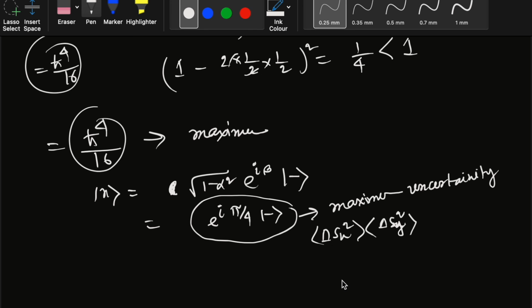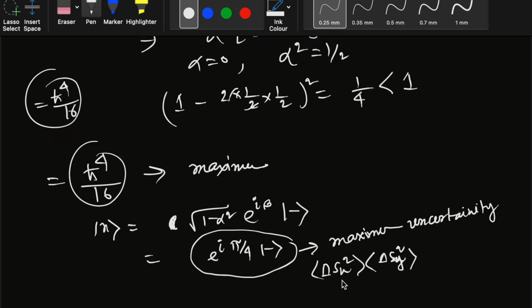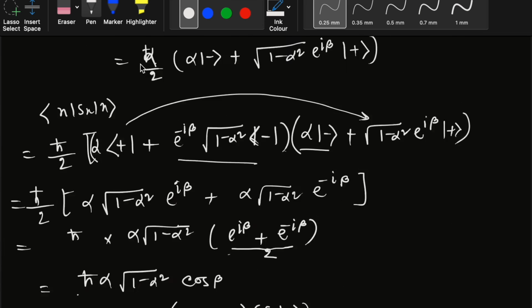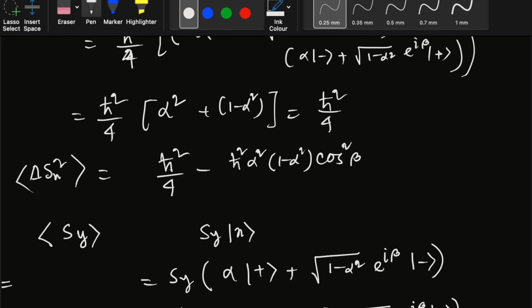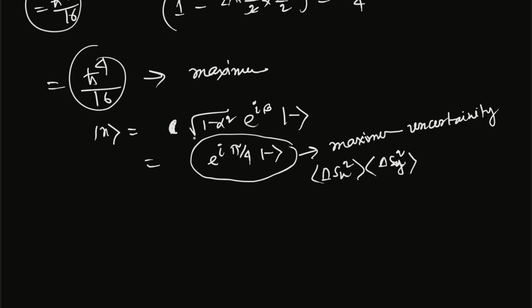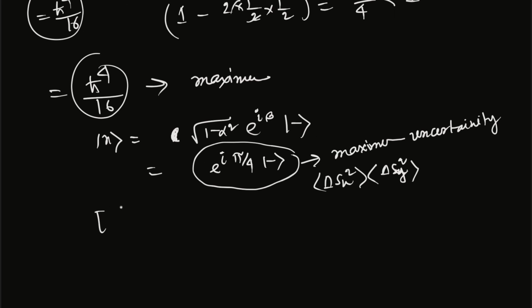Now in the last section it is asked to verify explicitly that for the linear combination you found, the uncertainty relation is not violated. So here this is maximum. Let us calculate the expectation value of sx comma sy, its average in this state.